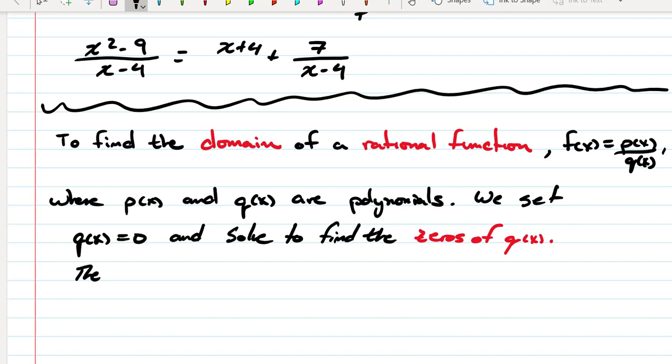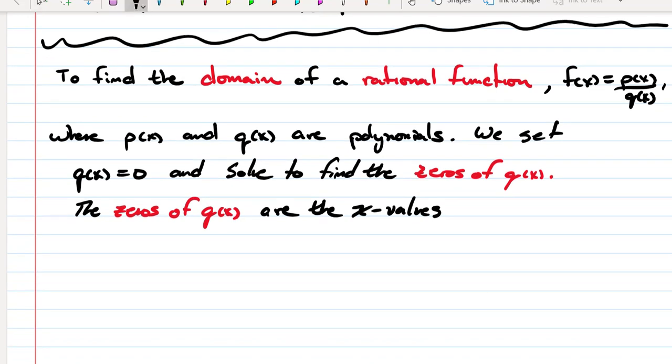The zeros of q of x are the x values that are removed from the domain.